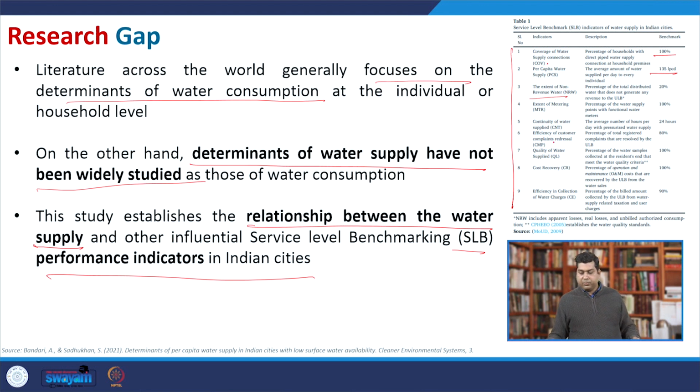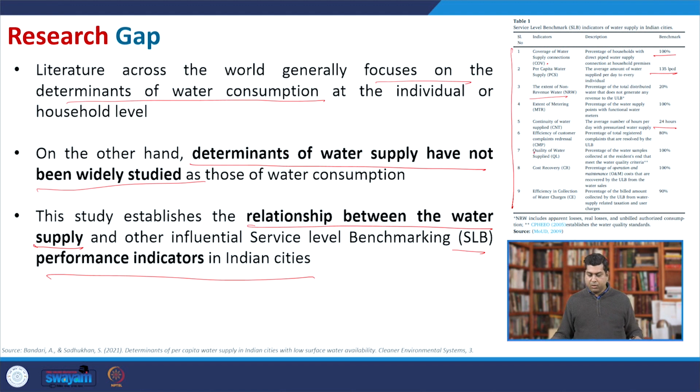Then continuity of water, where it was also thought that we should have 24 by 7, but in many cities it is an intermittent connection, only a particular time in a day, or twice or thrice in a day, even in some cases once in 2 days you will get supply for a certain duration, but the benchmark is 24 hours.